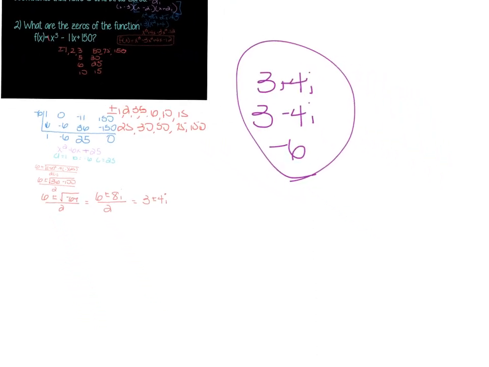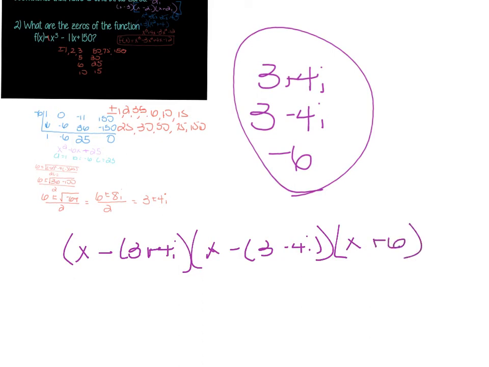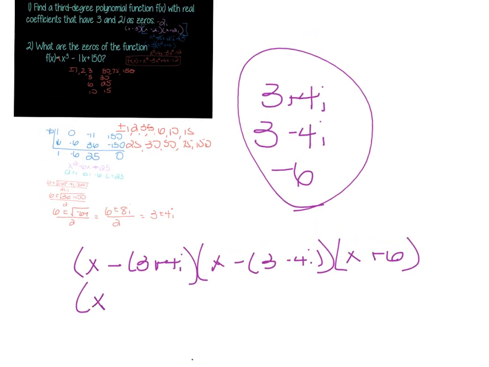If this wanted it, and didn't say it, but if it wanted it in linear factor format, I would get x minus 3 plus 4i, x minus 3 minus 4i, and x plus 6. So this would be x minus 3 minus 4i, x minus 3 plus 4i, and x plus 6.